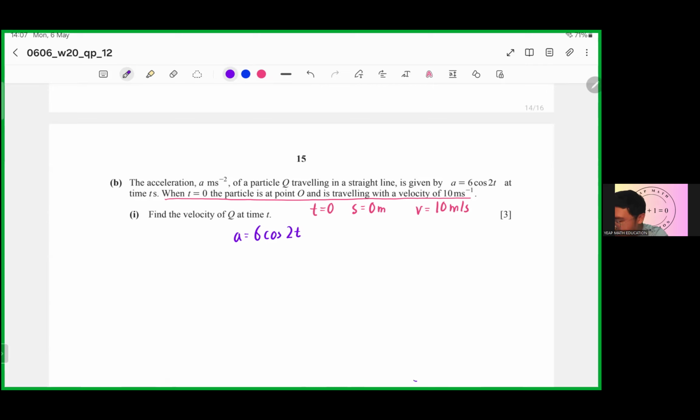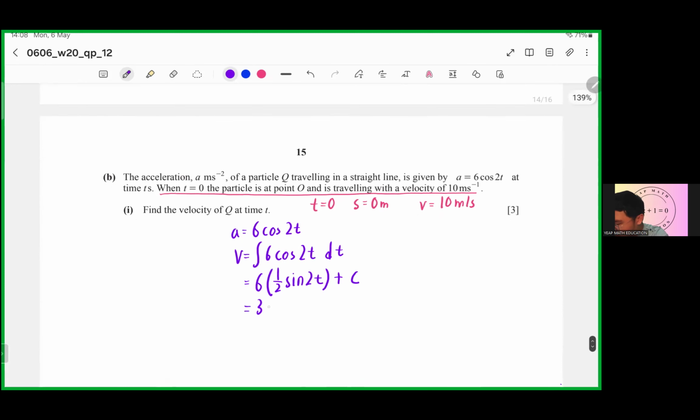Find the velocity of Q at time t. So v is the integral of 6 cos 2t dt. We write 6 times 1 over 2 sine 2t plus c. Because we don't know this c, we can use the given information to solve it. So I will get 3 sine 2t plus c.